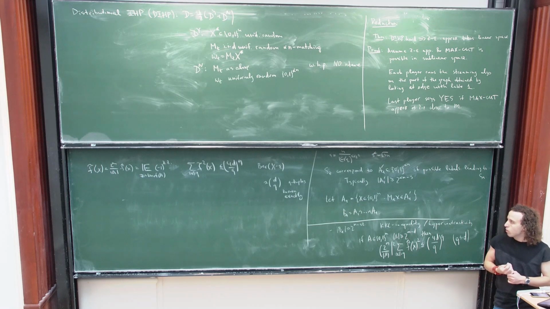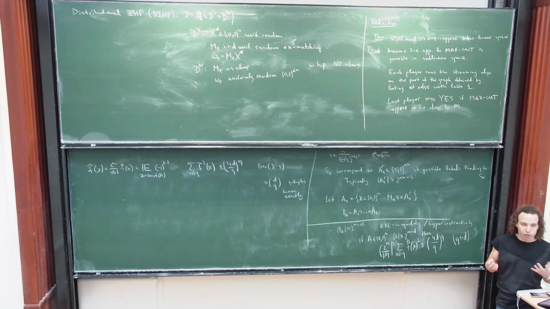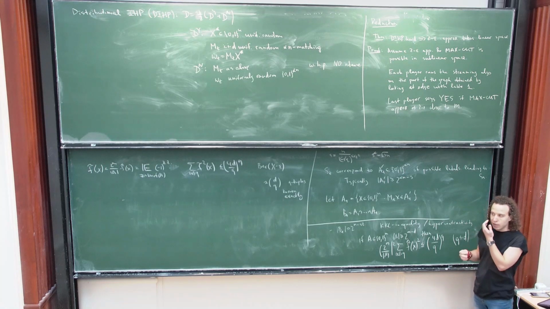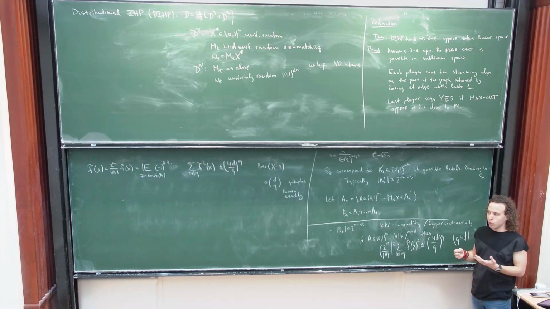So, in particular, you need to show that it's impossible to find a long cycle by posting subsets. You can actually analyze this naive algorithm where each player just posts a random subset of the matching, and then you will find that the union of that is not going to contain a cycle.